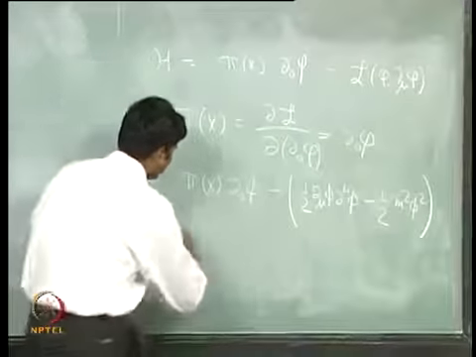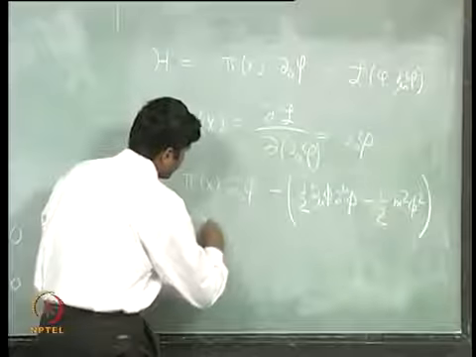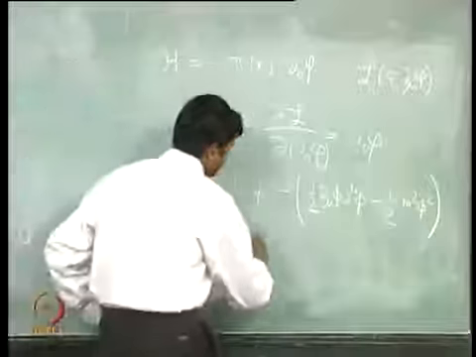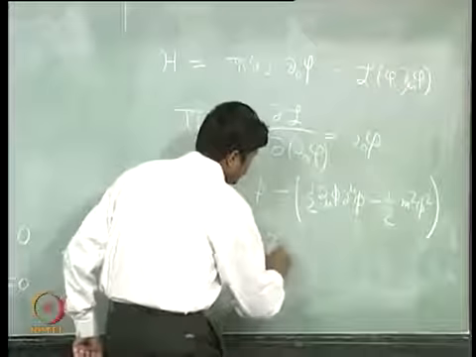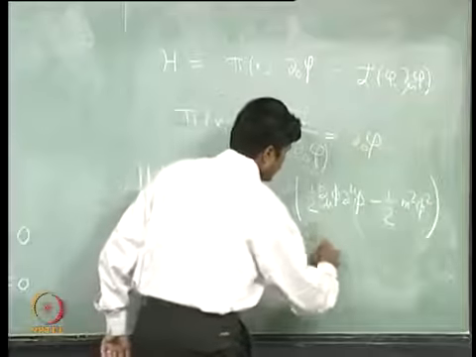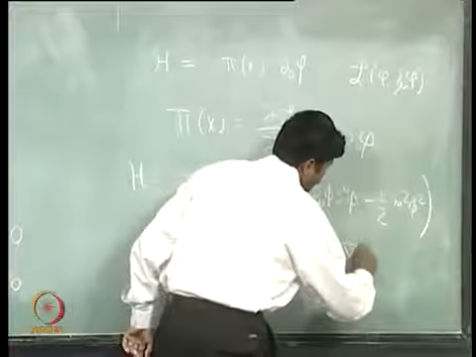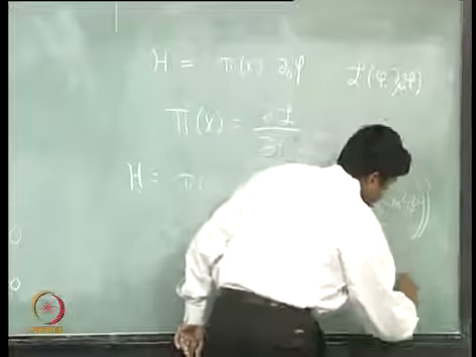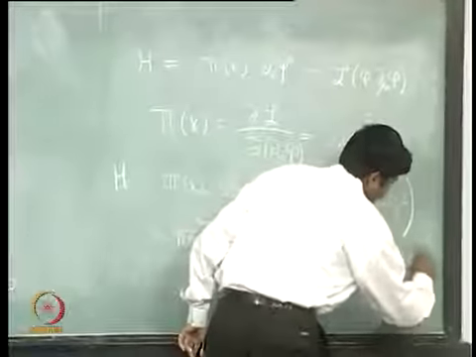This is equal to pi square of x minus half del 0 phi square plus half grad phi square plus half m square phi square.